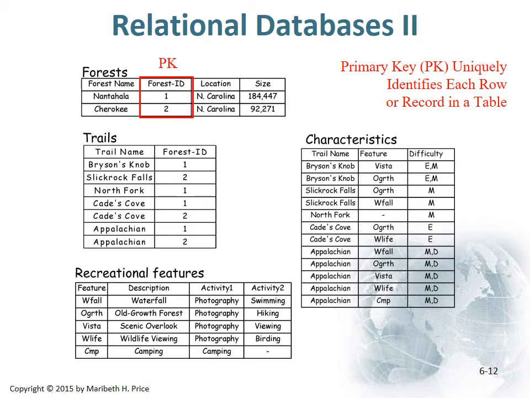Each forest has a name, but each one has a unique identifier, the number, 1 or 2. In this case, a very short table with those two forest names, but we've got that primary key, an ID number that we use to uniquely identify each of those two forests.